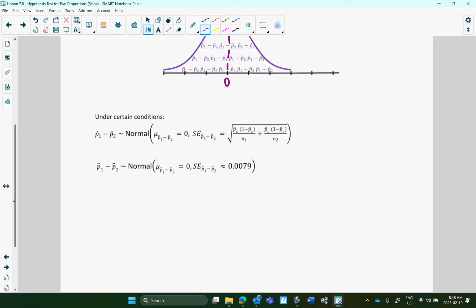And then we have to find the standard error to figure out the number of standard deviations away. And then it's a very similar formula to what we did yesterday with confidence intervals. Remember, for confidence intervals, we took p hat 1 times 1 minus p hat 1 divided by n1, plus p hat 2 times 1 minus p hat 2 divided by the sample size of n2, added them together and square rooted that. We do it a little bit differently with hypothesis tests, and you can see that we've got something called p hat c.